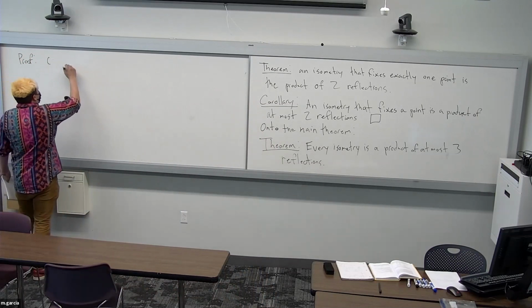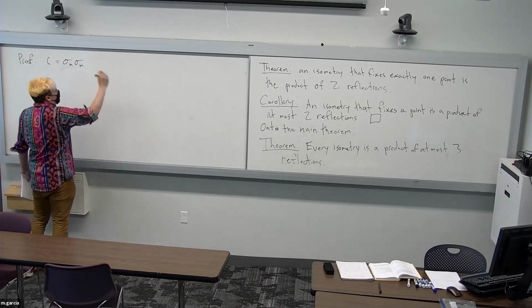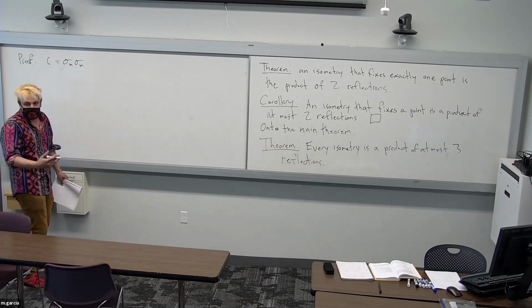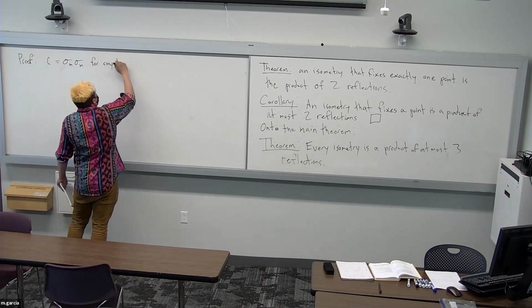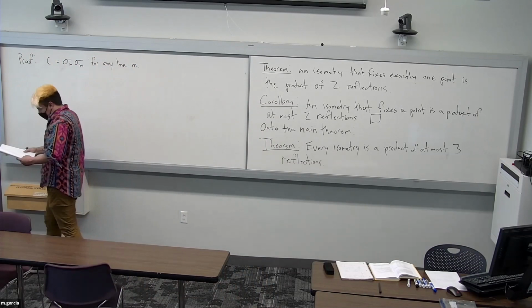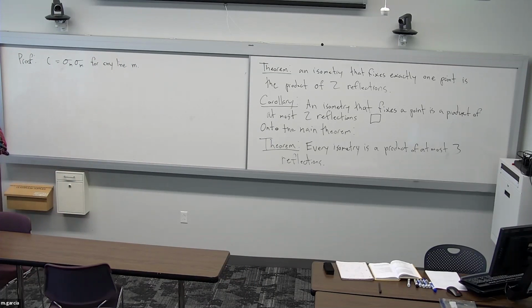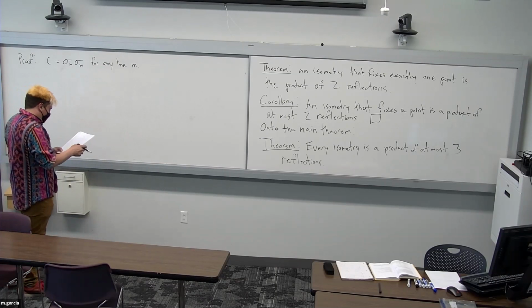So, iota equals sigma m sigma m for any line m. So our main isometry, a very important but boring isometry, satisfies our theorem.